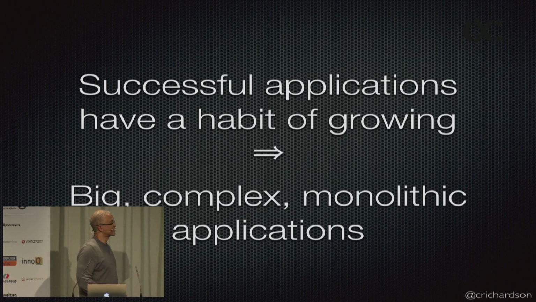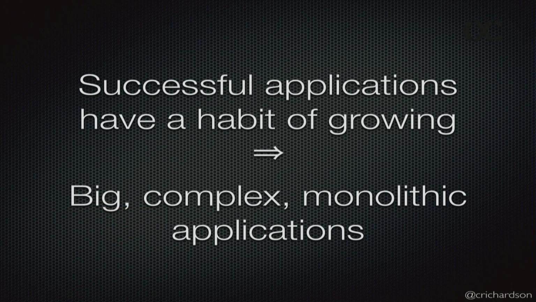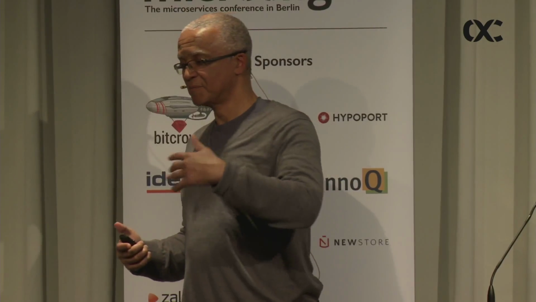The problem you have, right, is that applications have a habit of growing, right? You don't just build an application and stop development. The team just keeps adding functionality day after day, week after week, year after year. And if you keep that up, you're likely to end up with a humongous application, right? 100,000 lines of code, 500,000, a million, or 5 million lines of code.